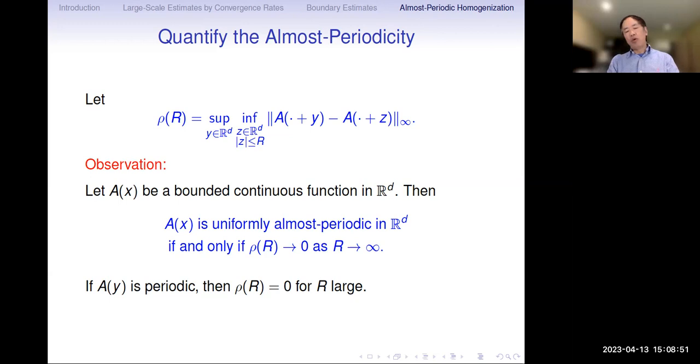The fractional part of y will be between 0 and 1, assuming period 1. It turns out in the almost periodic case that this function of R goes to 0 as R goes to infinity. So you don't get a period, but you get this kind of translation decay property. That's how we quantify this almost periodicity. It's kind of measuring the difference between your function and a periodic function.